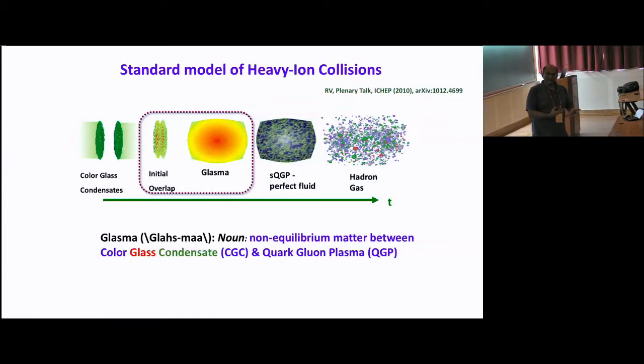It's definitely matter that's being produced. It has its own unique properties. And that matter, because it doesn't have an immediate analog to something else that exists somewhere else, I call it a glasma. Now, if you find that there's some other state of matter somewhere else which has the same properties, then you can call that a glasma too. So anyway, let me just say I would call it a glasma.